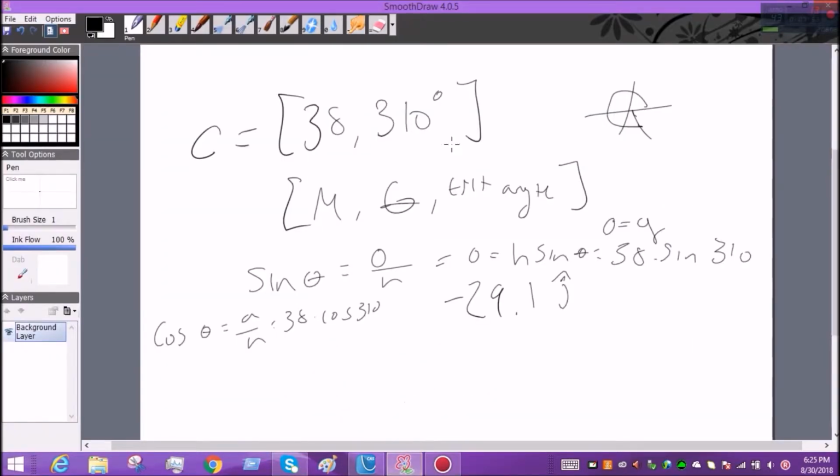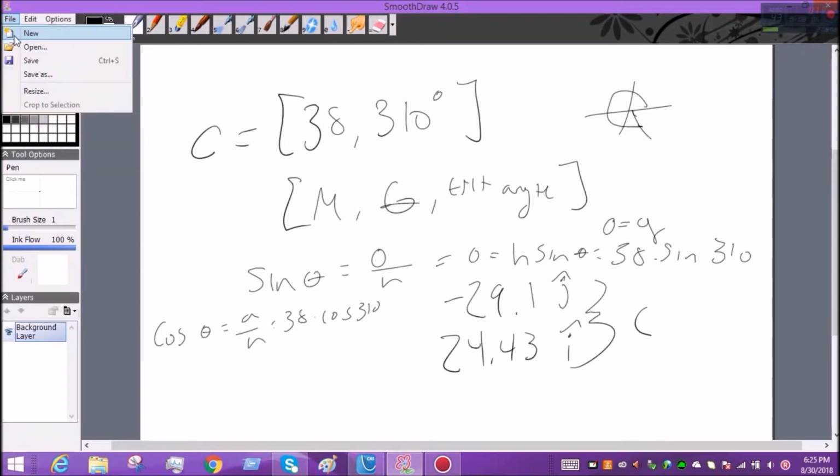So we get 24.43 i unit vector. Okay, and that's simply our answer, and those together are C. So that is that problem.